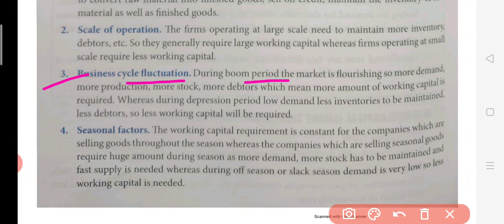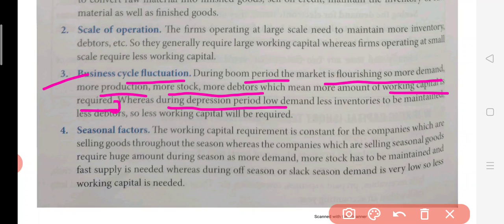During the boom period, the market flourishes, so there is demand for more production, more stock, more debtors, which means more working capital is required. But when the depression period comes, there will be low demand, so we will be buying less inventory or less raw material.